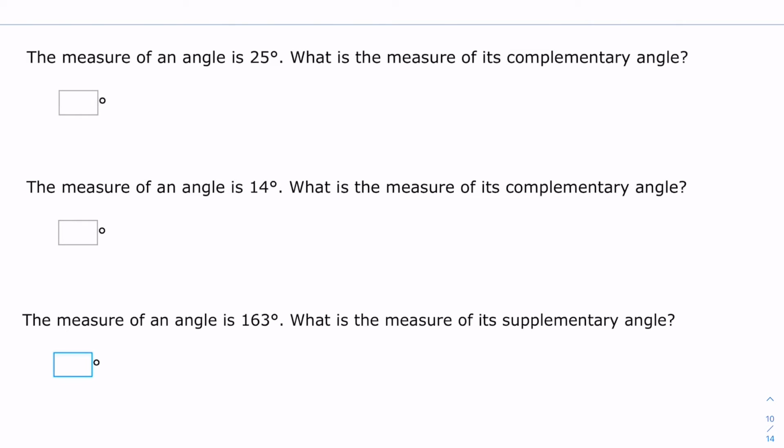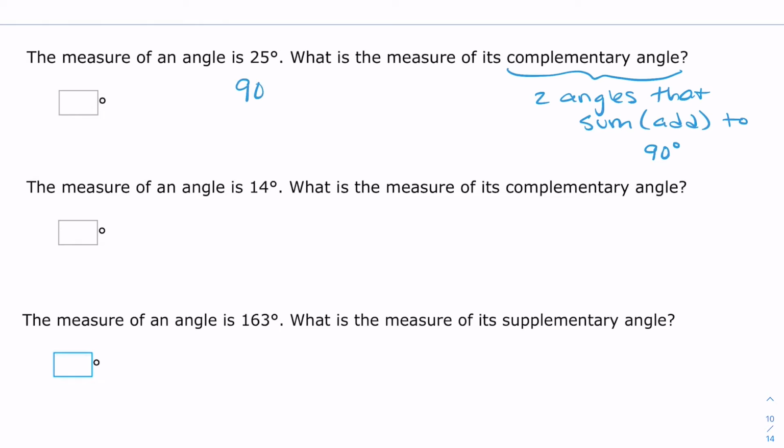Well, the word complementary, remember, means two angles that sum or add to 180 degrees. No, sorry, complementary is 90. So if I did 90 take away 25, that'll give me my other angle.